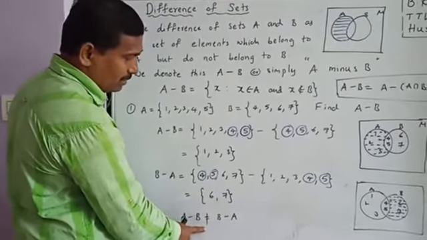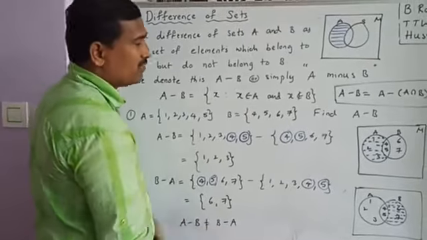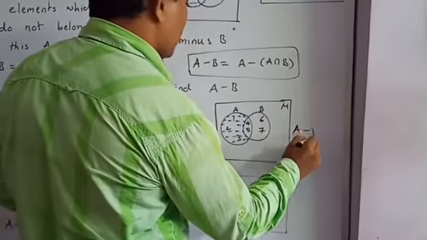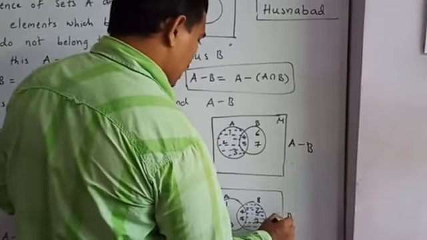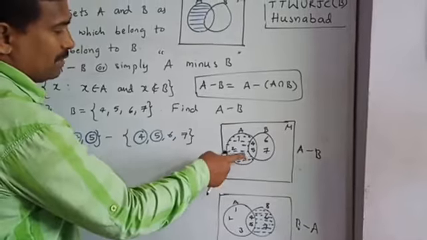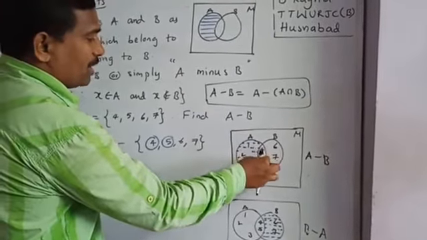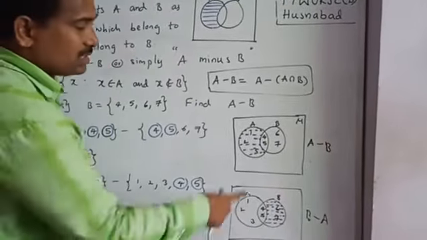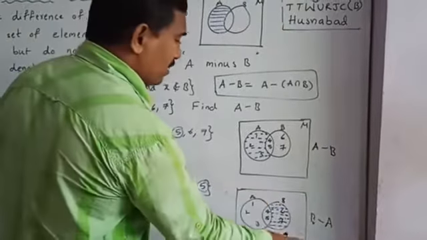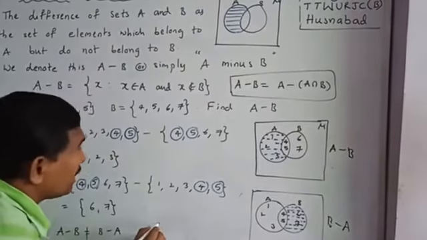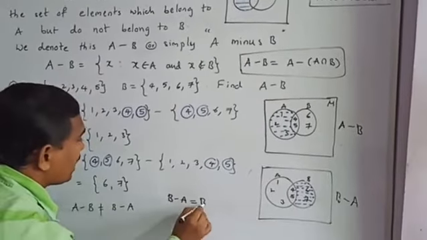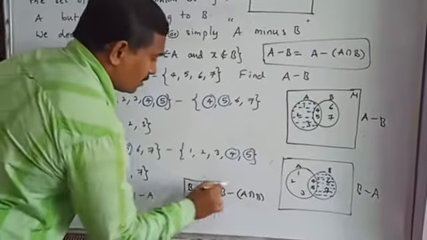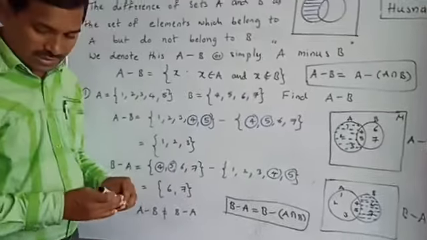No. A minus B is not equal to B minus A. So this is the Venn diagram of A minus B and B minus A. This is A minus B, and this is B minus A. We are eliminating the B part from A, and here we are eliminating the A part from B. B minus A is written as B minus A intersection B. So this is the difference of sets.